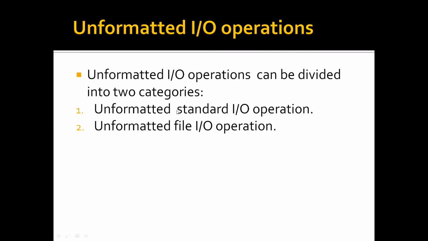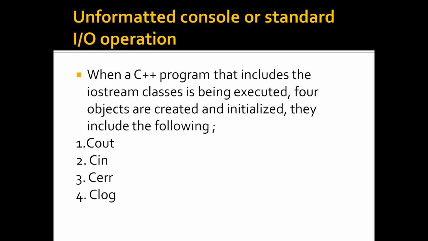The first is unformatted standard IO operation, and the second is unformatted file IO operation. These are the two different types of unformatted IO operations. Let us see the first one, unformatted standard IO operation.